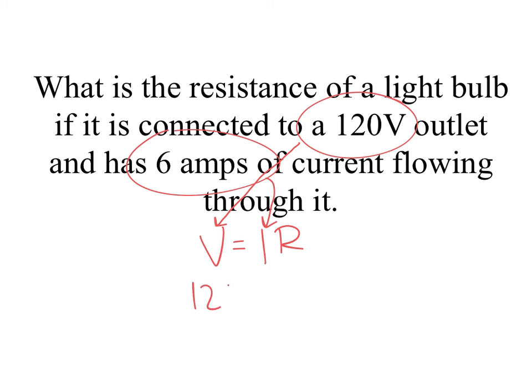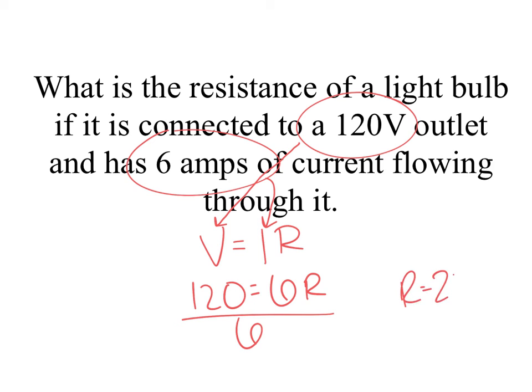I. Right? So 120 equals 6 times R. Solve. What do I got? R equals 20 what though? Ohms, or 20 omega. Ooh, that's a beautiful omega. Yes. So good.